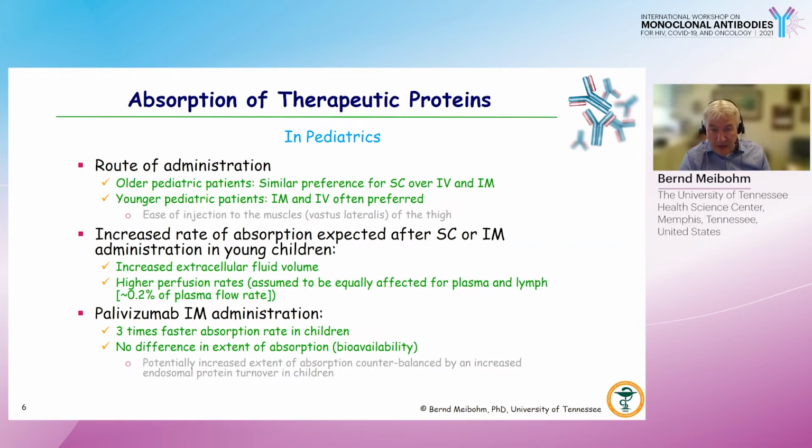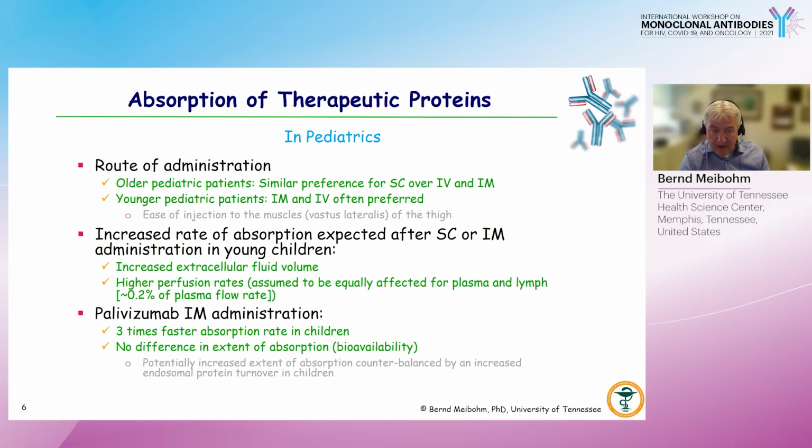Now, in younger pediatric patients, sometimes intramuscular administration is preferred compared to subcutaneous, simply due to ease of injection to the muscle or to the vastus lateralis of the thigh. What has been observed is that there's an increased rate of absorption after subcutaneous or intramuscular administration in young pediatric patients compared to older children and adults.